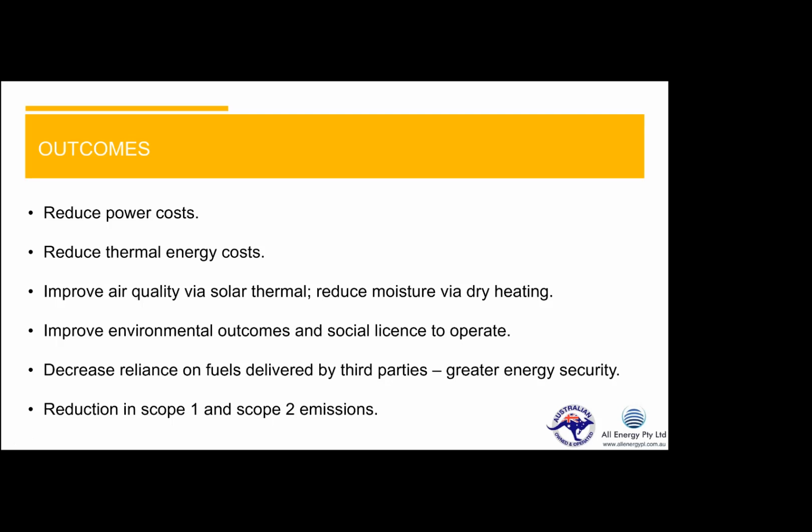However, it is still at a much higher price compared to solar thermal, which might be over the life of the plant at around that $2 to $3 per gigajoule. So you can see there's some good opportunities to reduce heating costs. Improving air quality. If you're combusting a fossil fuel and putting that flue gas straight into a shed, there is a high moisture cost.